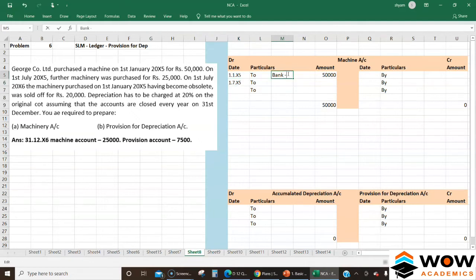We'll mark it as M1. The second machine purchase was 25,000. That's done. The sale is on 1st July 2006, so it's in the next year, and we don't need to worry about that for this year.